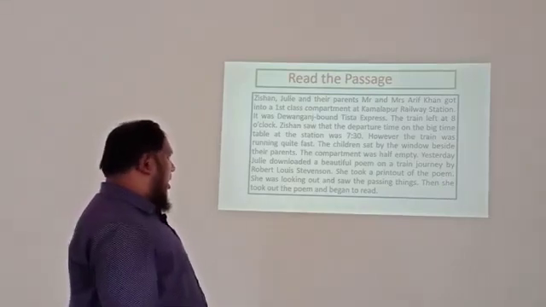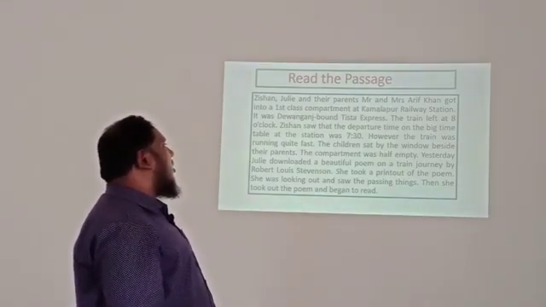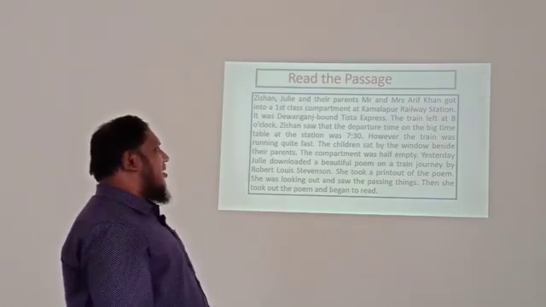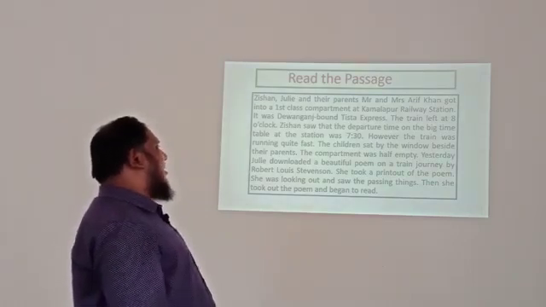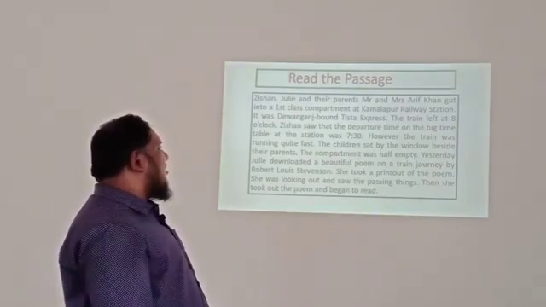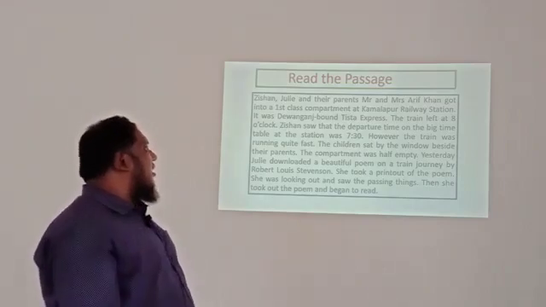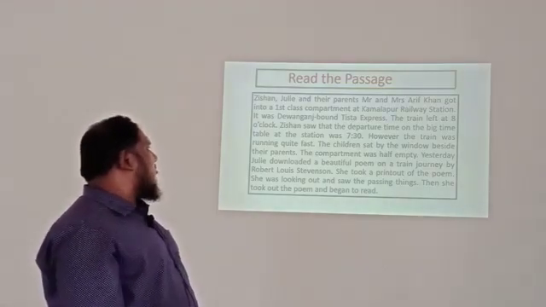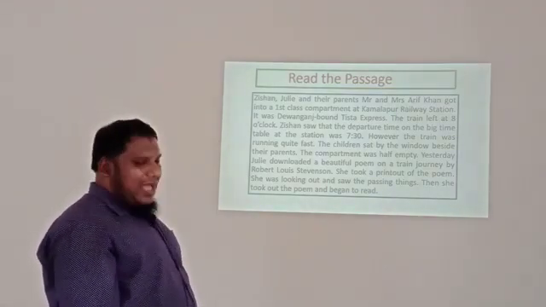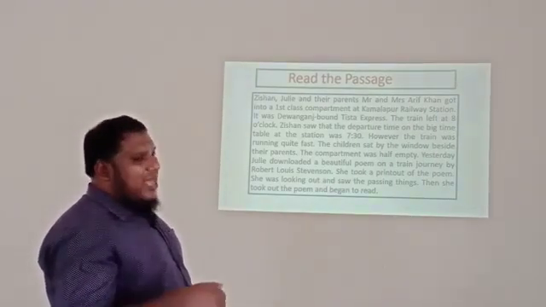Jason, Julie and their parents, Mr. and Mrs. Arif Khan, got into a first-class compartment at Komlapur rail station. Here, we see Jason, Julie and their parents. Jason and Julie are children. They are going with their parents.